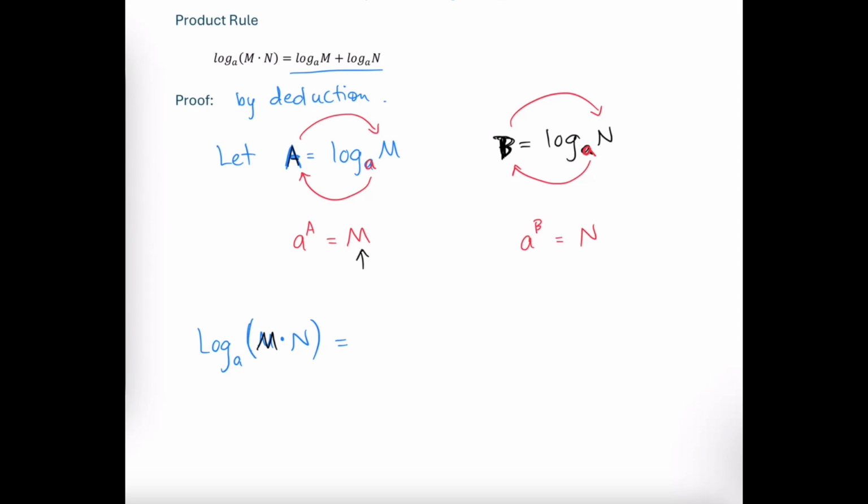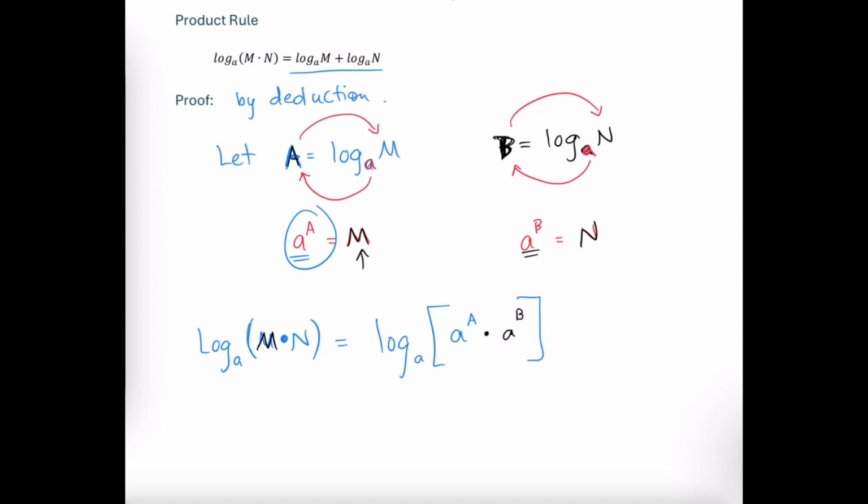We got a substitution for cap M for free, and that cap M is equal to a to the cap A. So let's say that this logarithm then becomes cap M, we're going to use a to the cap A in order to represent that, multiplied by cap N, which is going to be equal to a to the cap B. So we'll multiply that by lowercase a to the cap B, substituting in for that cap N.